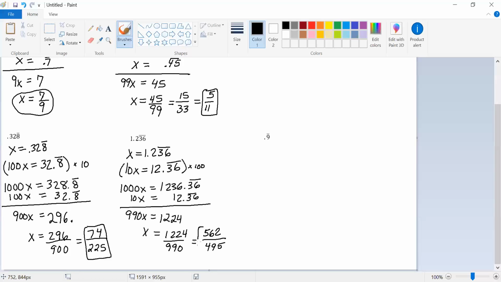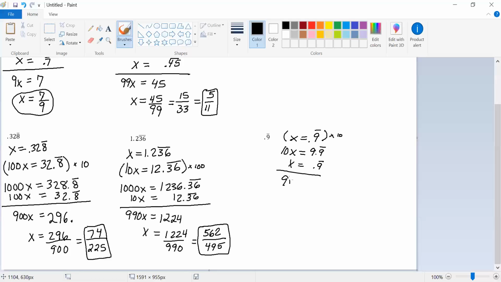All right, I'm going to end with an interesting little example, which is 0.9 repeating. So if we let x be 0.9 repeating, which of course is 0.99999, 9's forever, we get 10x, multiplying both sides by 10, is 9.9 repeating. So again, we're going to subtract.